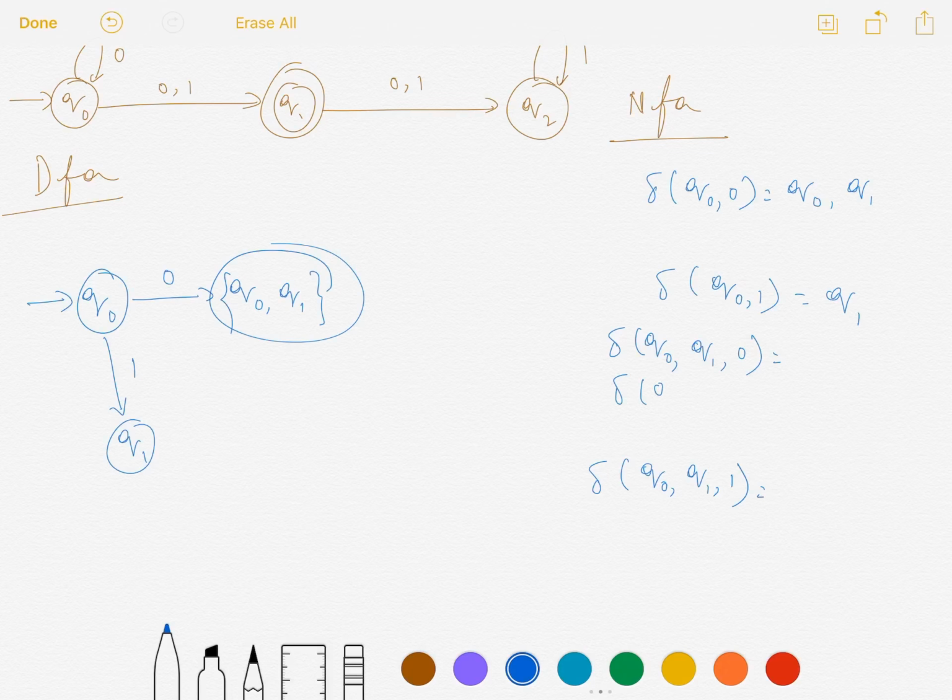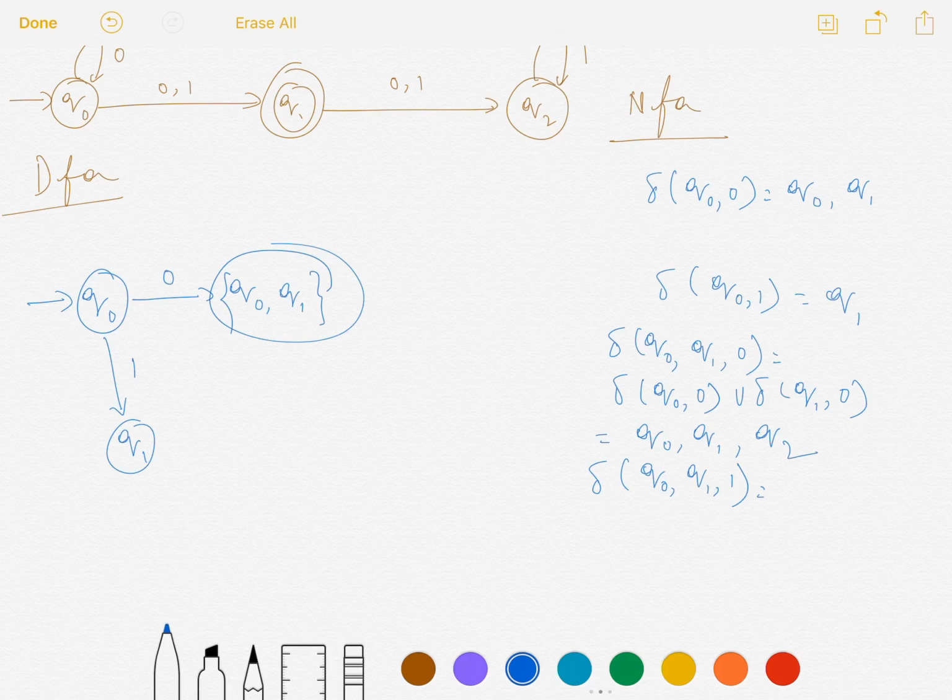Delta Q0 Q1 0 will be delta Q0 0 union delta Q1 0. Now Q0 on 0, obviously it will be Q0 Q1, as we have seen in the last transition function. And what will happen in case of Q1 on 0? To check that, again we refer to the NFA. In the NFA, Q1 on 0 goes to Q2.